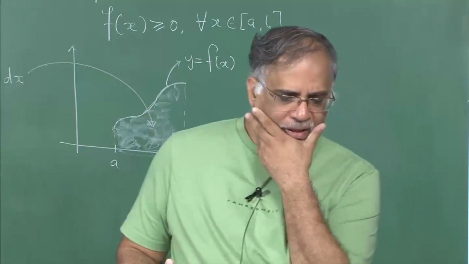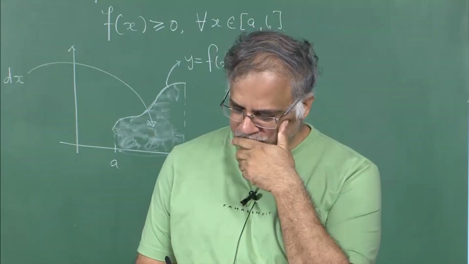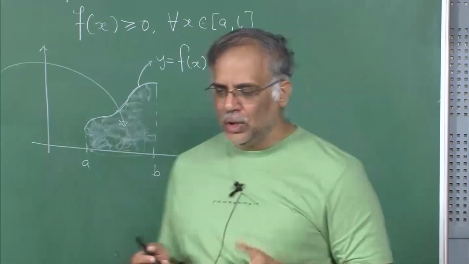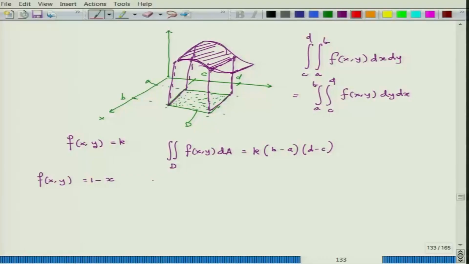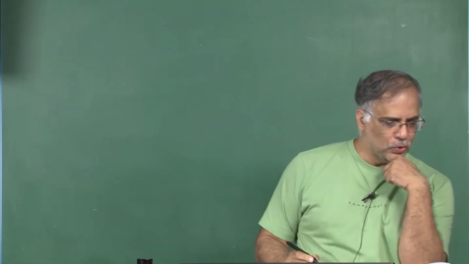But for example, if you take an example which is here in the book, for example, if you take z or f(x,y) equal to 1 minus x. So, it means this is independent of y. So, basically first, how do I look at this problem? I should look at this problem in the following way. For this kind of problem we want to figure out what is the volume under such a curve, and maybe I will give you the zone.